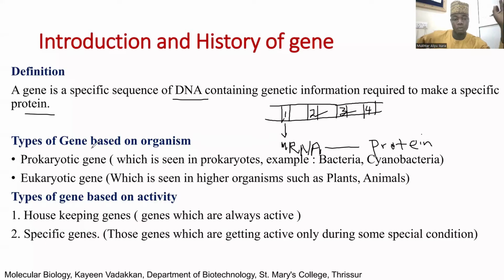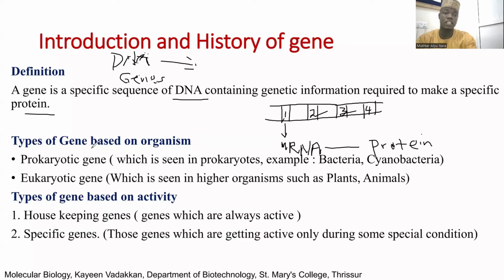And we have different types of gene based on the organisms. So we have prokaryotic gene. It means that there are genes that are found in the prokaryotic cell, and we have eukaryotic gene. And these eukaryotic genes are those genes that are found in eukaryotic organisms. So as I said, we have a concept called the Central Dogma of molecular biology, where in a DNA like this, there are thousands of genes.